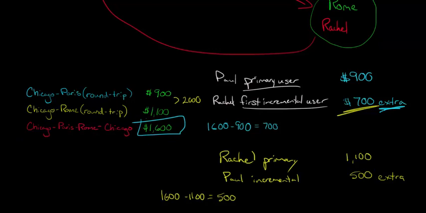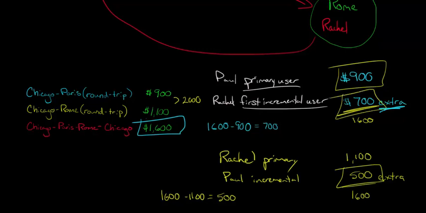So now you see how in each case, of course, we're allocating $1,600 because that's the cost of the ticket. If that doesn't add up, then you made a mistake. But you see that in the one case, Paul ends up getting allocated $900, and in the other case, he gets $500. He gets the $400 benefit. But in the other case, Rachel gets the $400 benefit.